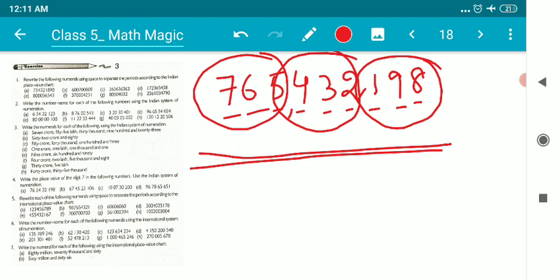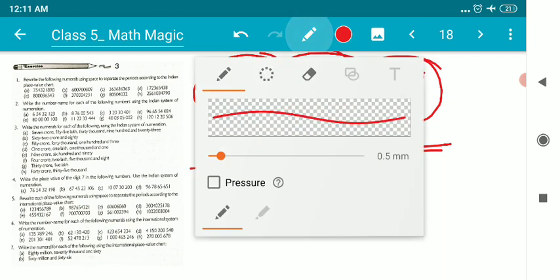Suppose I choose a number to solve in this way: write the number name for each of the following numerals using the international number system. I can randomly choose a number, that is 5 2 4 7 8 2 1 3.